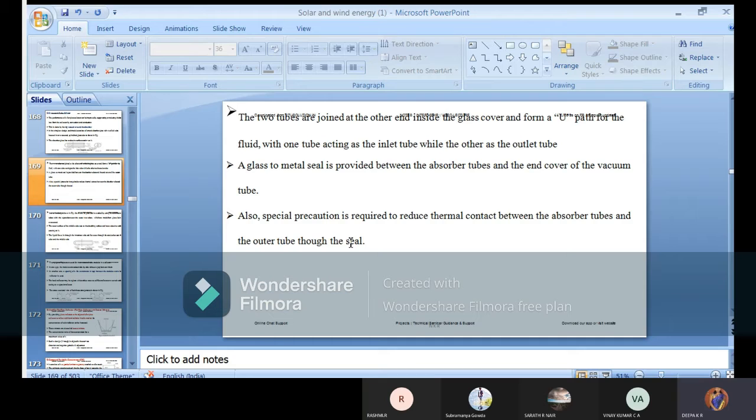But if the heat is increased, if the pressure goes out of the level, definitely there is a chance of getting out of the system. So that's what I said: precaution is required to reduce the thermal contact between your absorber tube, that is the mid tube, and the outer tube through the seal. Outer tube means the sealed glass tube. Precaution should be taken for that purpose.